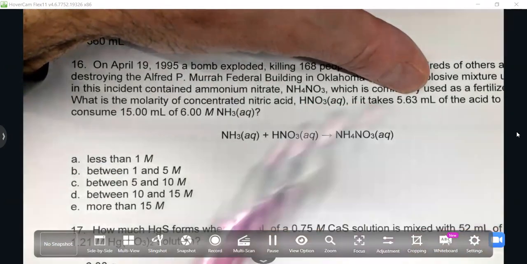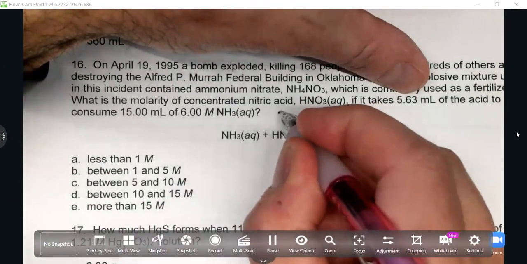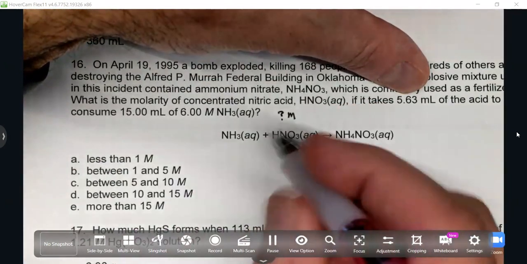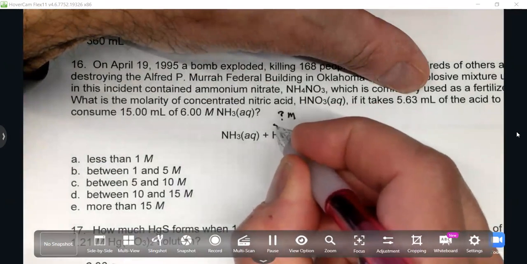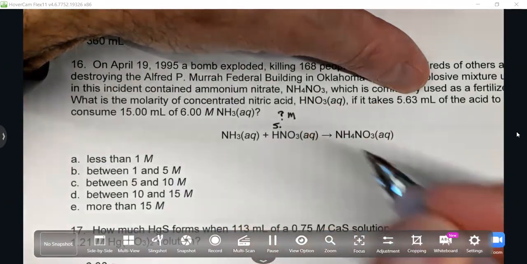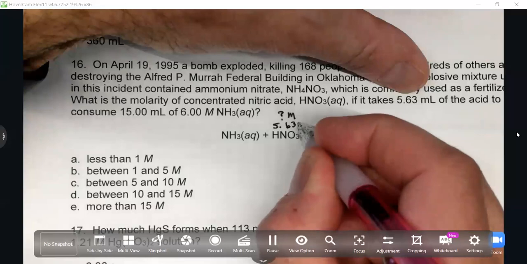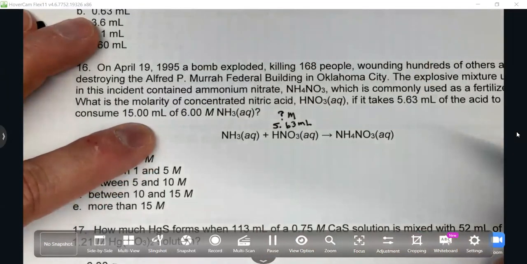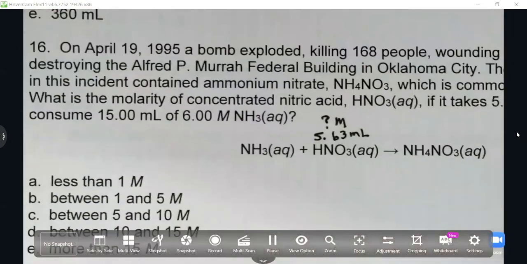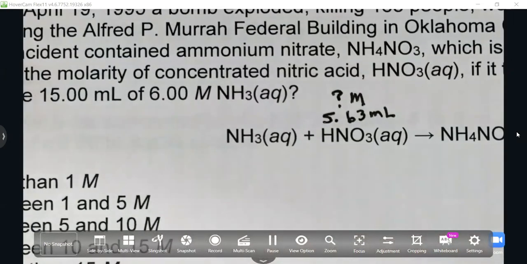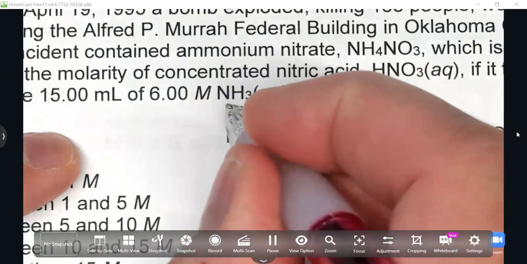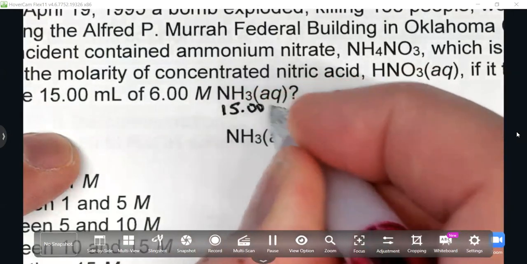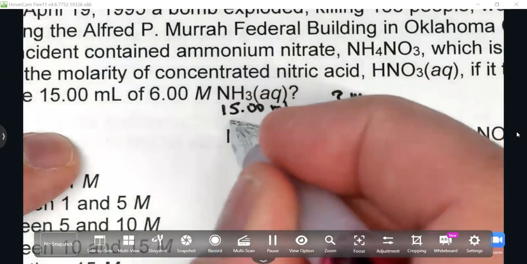Okay, so we're looking for molarity of this nitric acid. And it takes 5.63 milliliters. Look at this. There we go. And here it took 15 milliliters and 6 molarity.